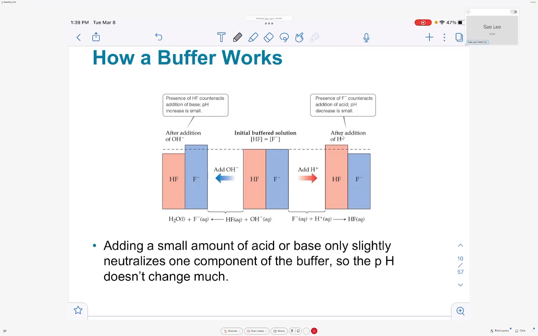So here's how the buffer solution works. Let's say you have a buffer solution which contains a weak acid, hydrofluoric acid, and its conjugate base, fluoride. The buffer solution contains equal concentrations of these.